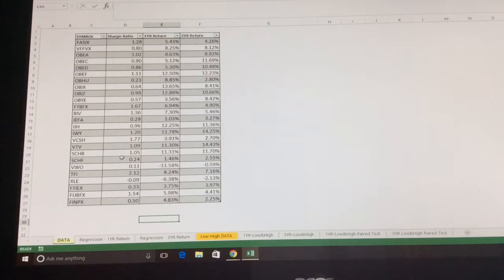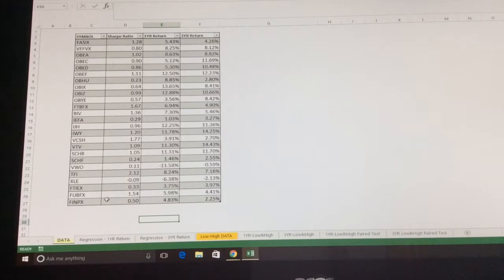With the regression analysis, first we're going to analyze the 1-year return. So basically, we're going to do a regression based on the Sharpe ratio and the 1-year return for these funds.